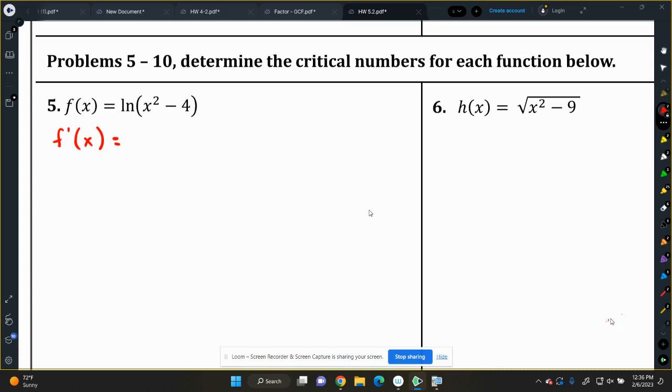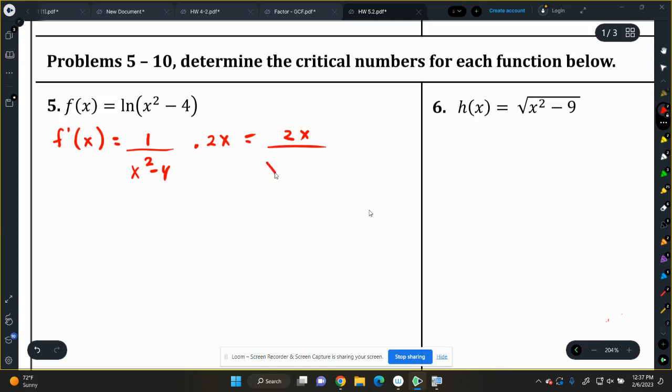So we're just identifying the critical points. We're not actually trying to find the extrema. So what's the derivative of a natural log? It's 1 over x squared minus 4 times 2x. So that's 2x over x squared minus 4. Critical points are where f prime of x equals 0 or is undefined.